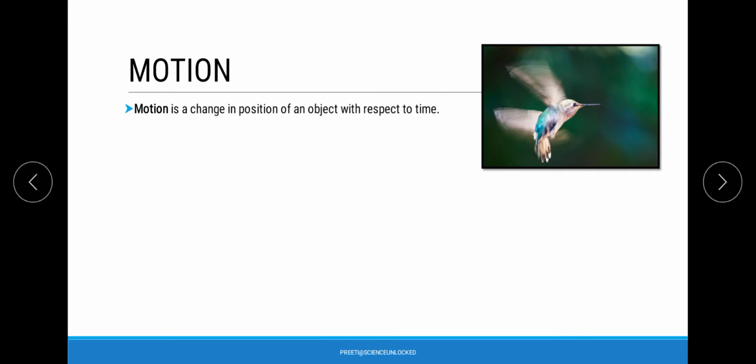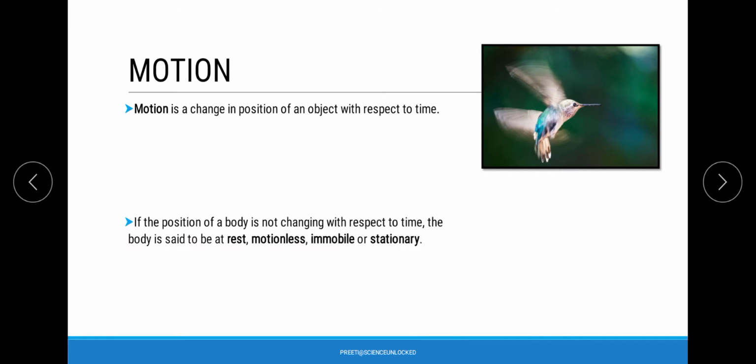So the very basic definition that we have is that motion is the change in the position of an object with respect to time. That means if time is moving ahead, then the object that we are observing is also changing its overall position with respect to the previous position.